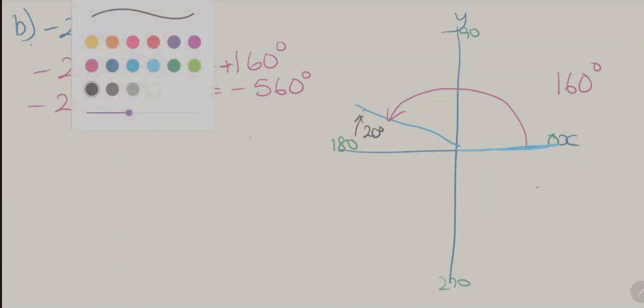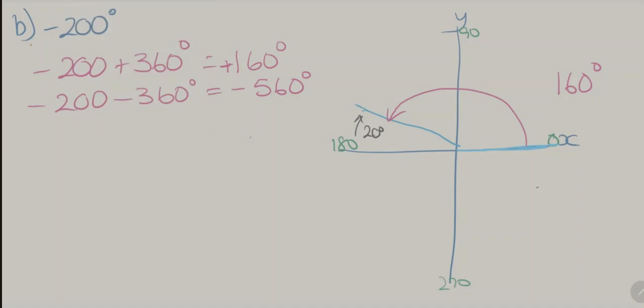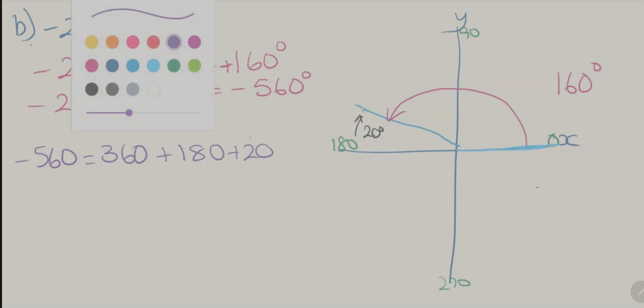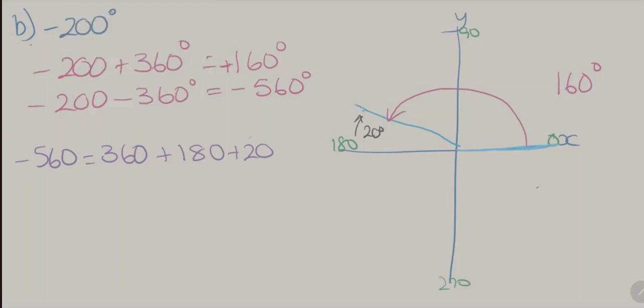So let's have a look at the negative angle. So we have minus 560. So that's 360 plus another 180, that's 540, plus another 20 to make 560. So just have a look.